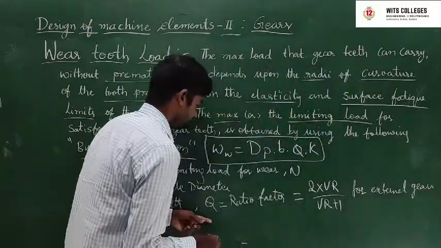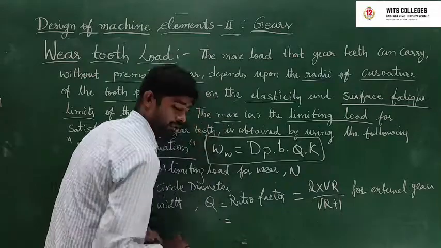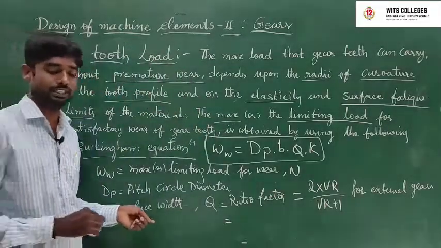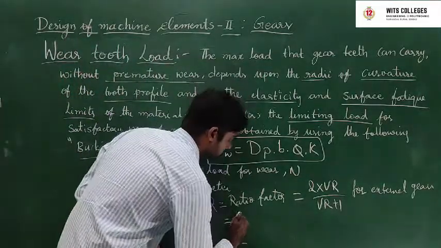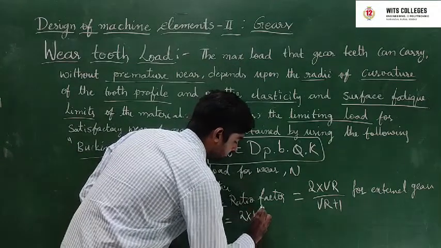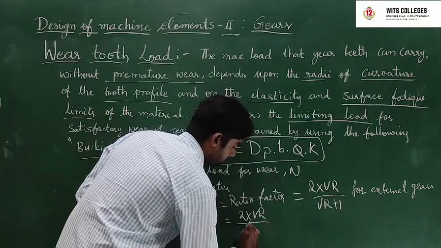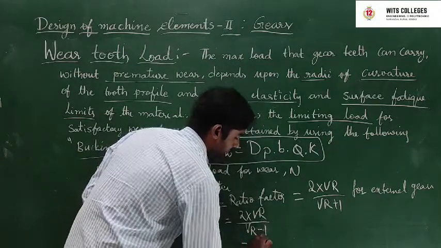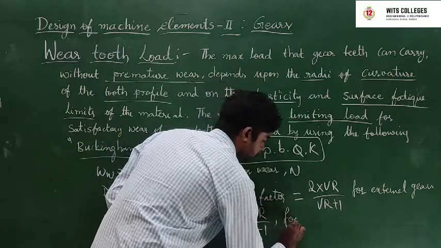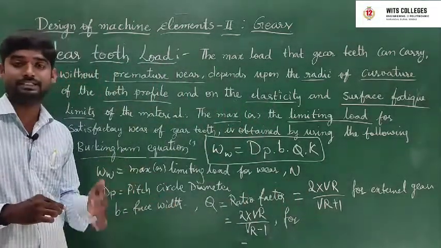Another formula, Q is equal to 2 into VR by VR minus 1. This is for internal gears.